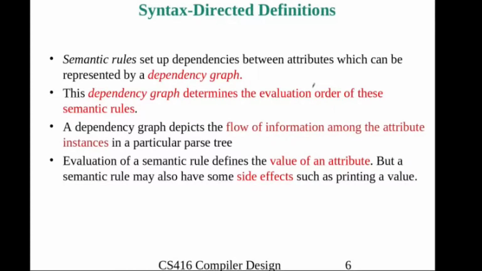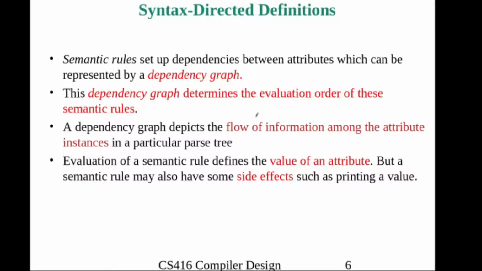There is a dependency, and we use that dependency to construct a graph. That graph is called a dependency graph. So once we identify the attribute and its type, inherited or synthesized, and identify the relationships, then drawing the graph gives a dependency graph.